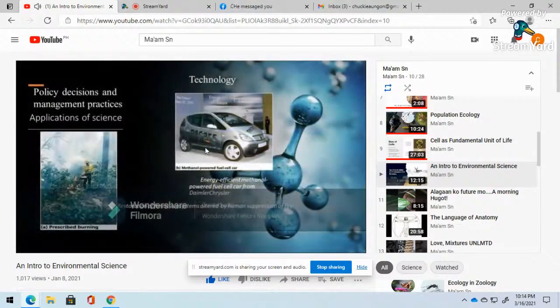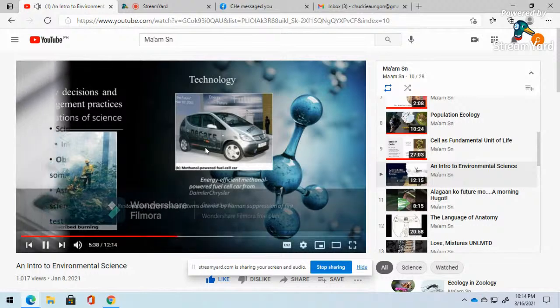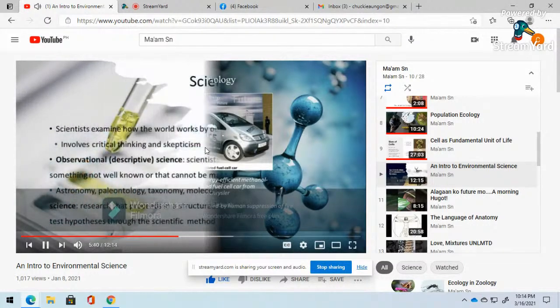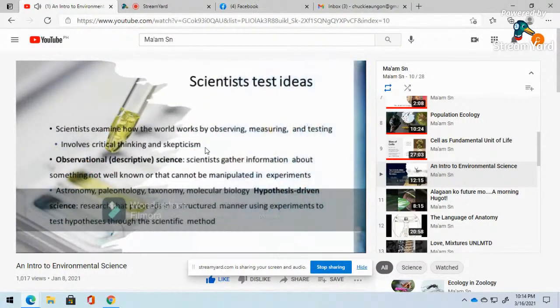When we say application of science, we're talking about technology. Now, scientists examine how the world works by observing, measuring, and testing. This involves critical thinking and skepticism.